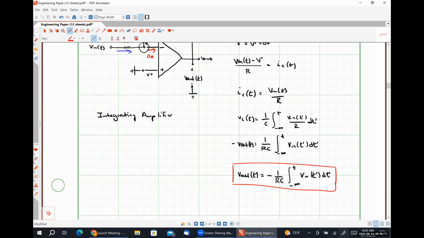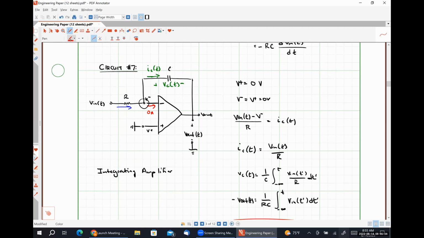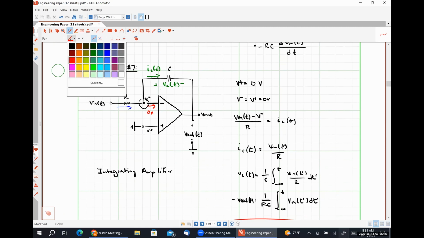So when we have an energy storage element, we need to be a little bit careful here. So I'm setting these limits of integration to be from negative infinity to say that the capacitor doesn't have any energy stored.